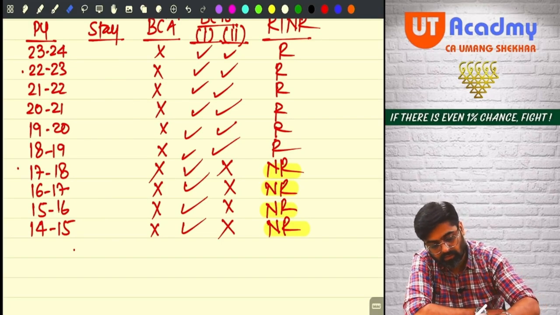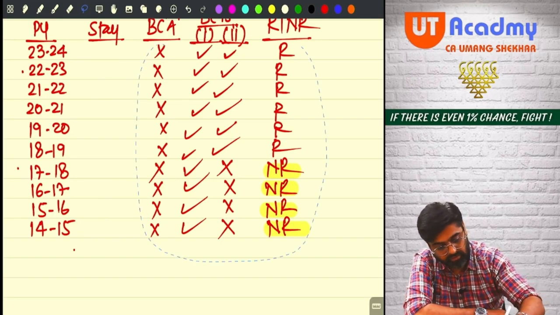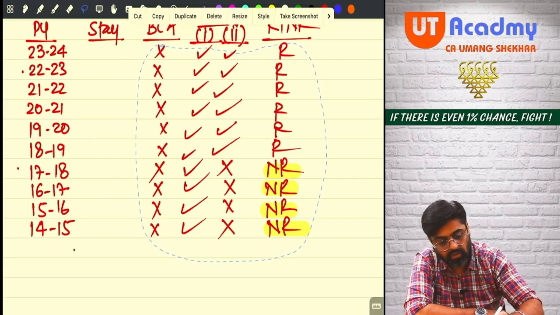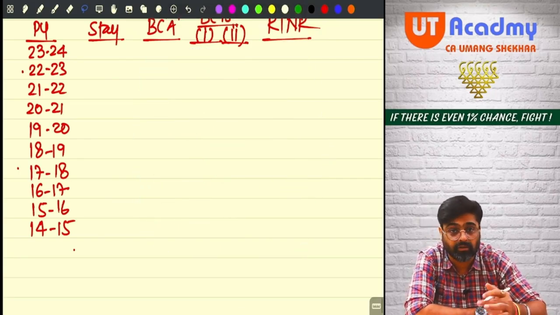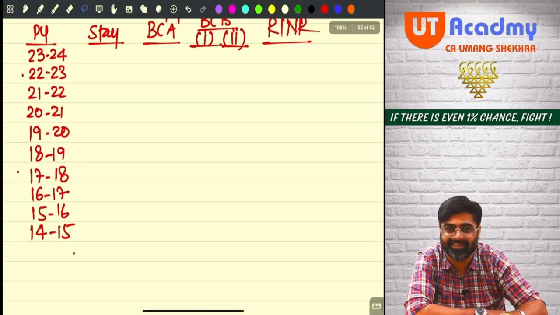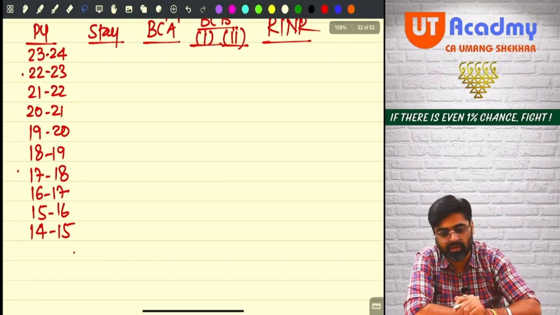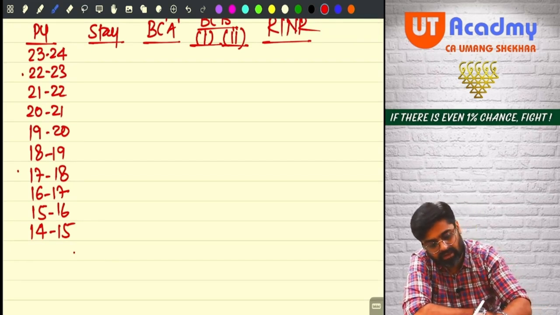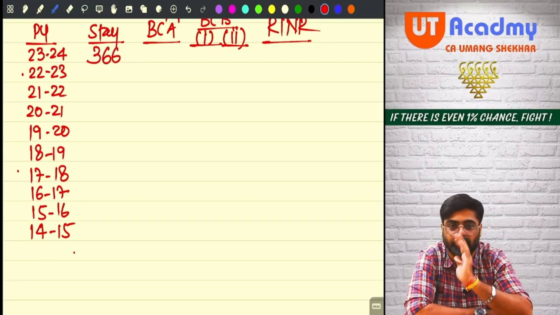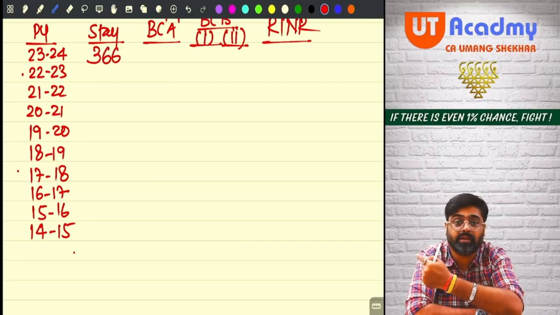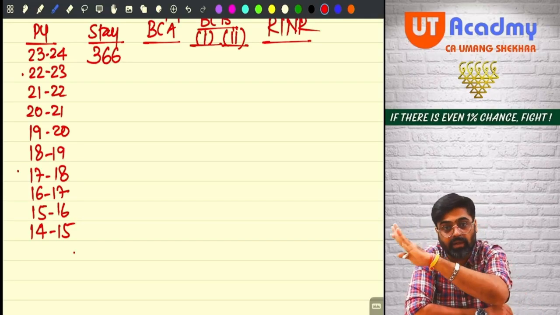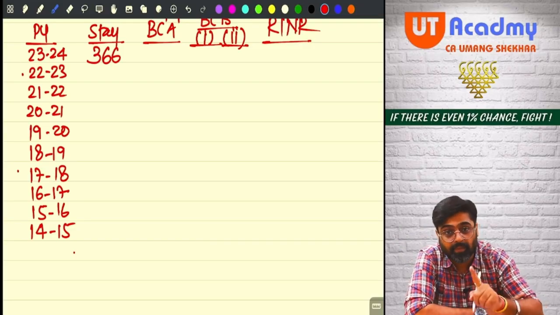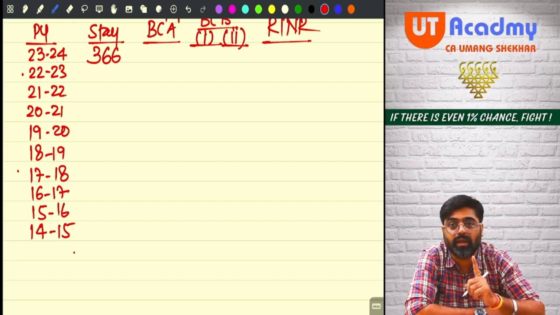For that, I will do the same calculations. You all got R or no as answer. See how your answer will change now. Last year he came for permanent settlement. So last year his stay was 366 days, full year. 1st April 23 to 31st March 24. Full year he was in India. And prior to that, he used to come to India every year for how many days? 30 days.